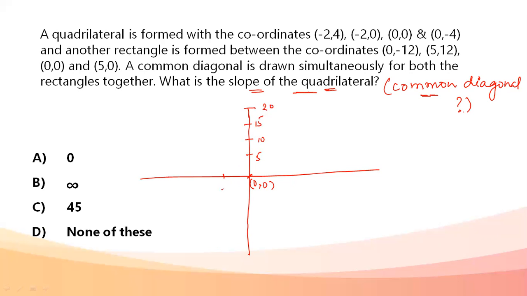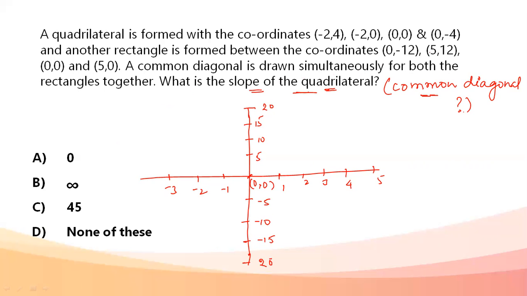And along the x-axis, I'm going minus 1, minus 2, minus 3. Accordingly, on the other side we can go plus 1, plus 2, plus 3, plus 4, and plus 5. Similarly, going down minus 5, minus 10, minus 15, and minus 20. None of the coordinates are greater than 15, so this is going to work out nice.